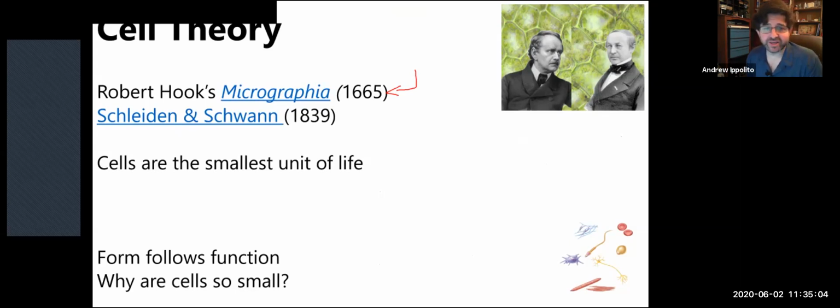Now, he was looking at a piece of cork under the microscope, and he noticed that the cork had these very regularly spaced compartments that to him were reminiscent of the living quarters of monks that were called cells.